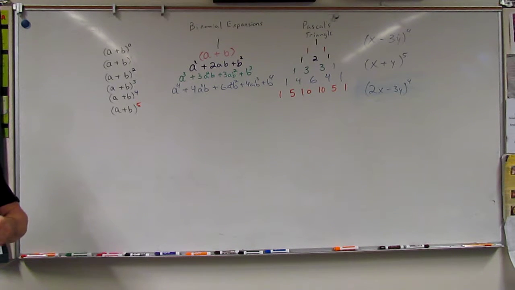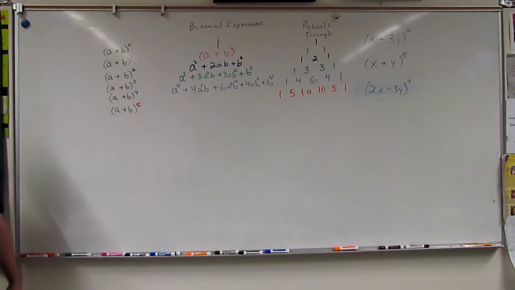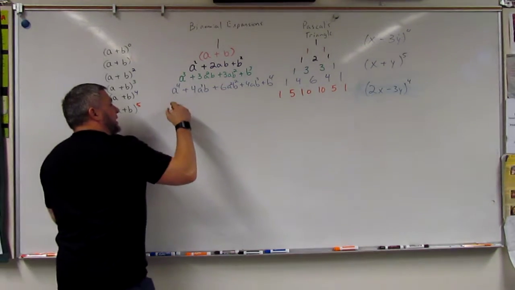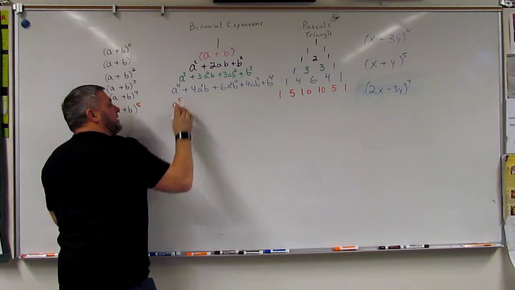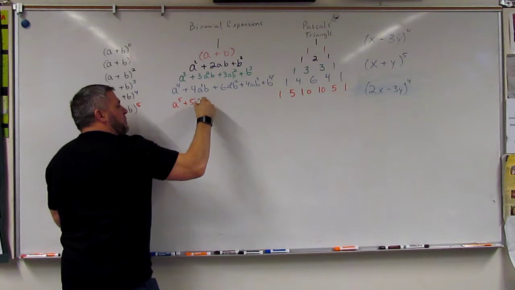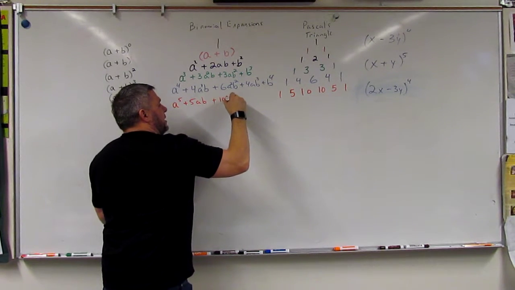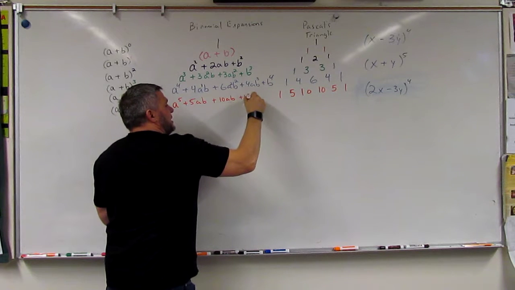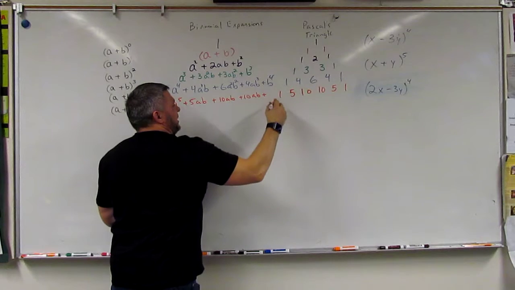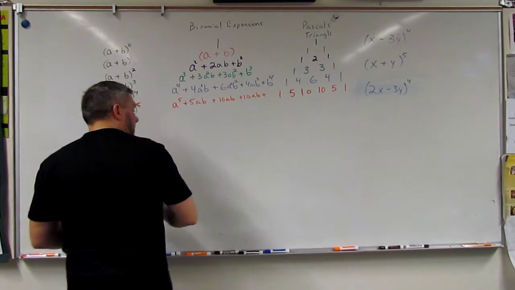Easy, right? Okay? And for the 5th one, what are we going to do? Same thing. A to the 5th plus 5ab plus 10ab plus 10ab. I'm running out of space.